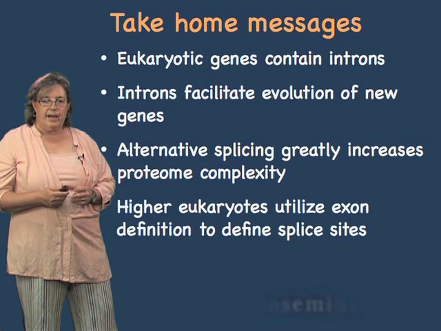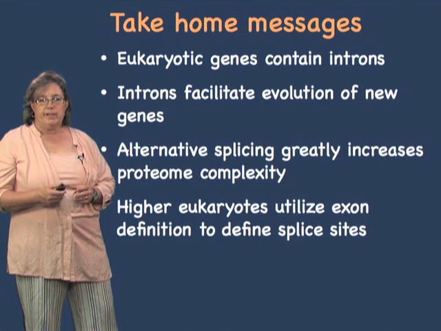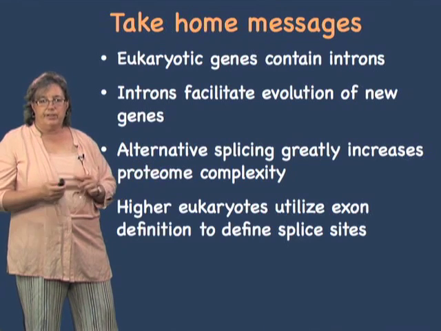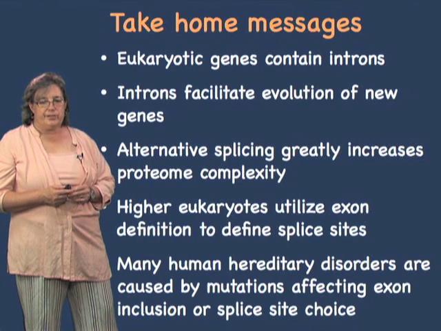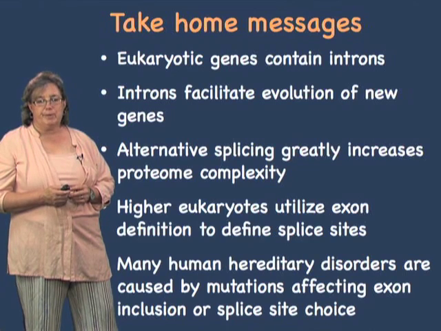And higher eukaryotes utilize exon definition to define splice sites, because the exons are like islands in oceans of intron. And then finally, many human hereditary disorders are caused by mutations that affect exon inclusion or splice site choice.